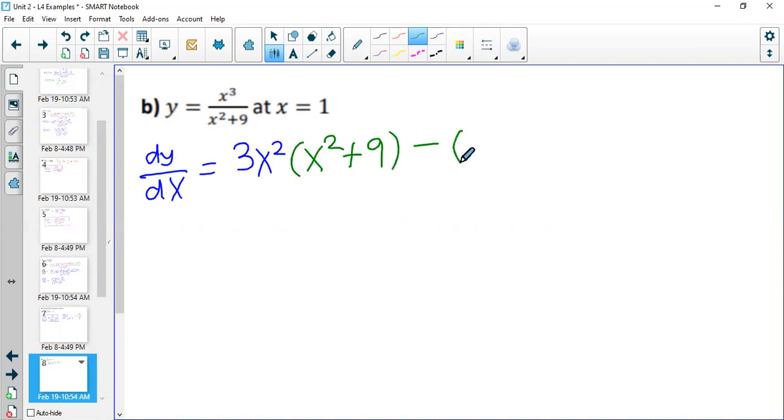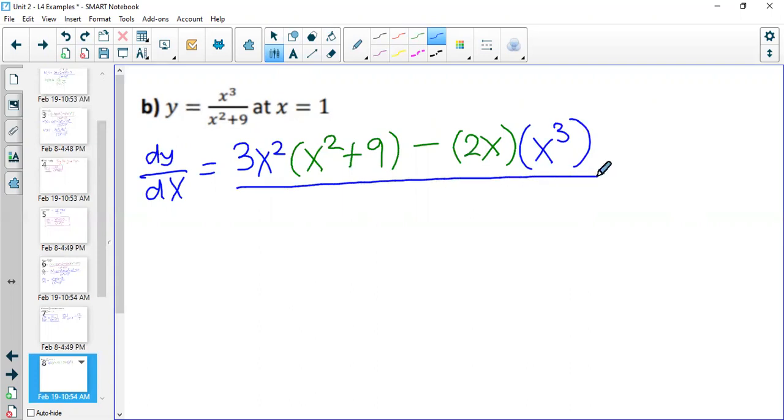I can't reinforce how much you have to make sure that your quotient rule has a difference, that subtraction sign, as opposed to the product rule, which is a sum. Times my original numerator all over my denominator squared.